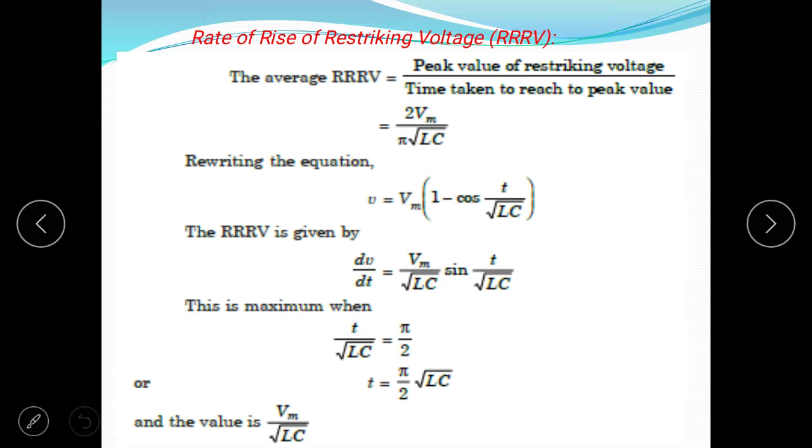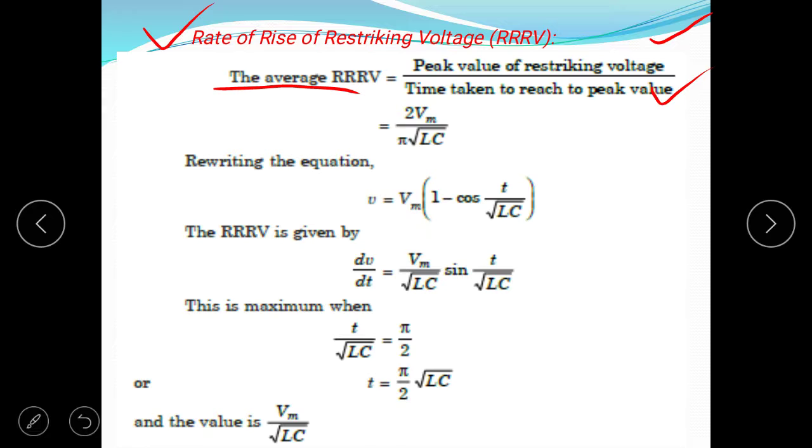Now the expression for RRRV. What is RRRV? It is the rate of rise of restriking voltage. It means the rate at which restriking voltage increases. So the average RRRV, or rate of rise of restriking voltage, is equal to the peak value of restriking voltage upon the time taken to reach the peak value.